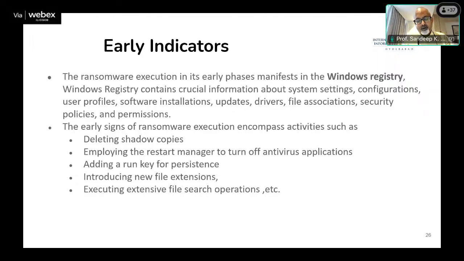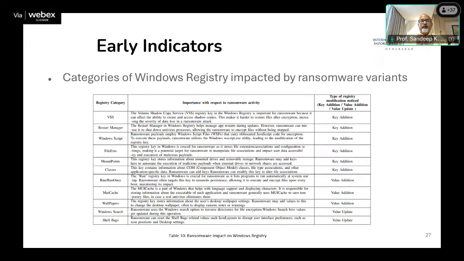So I can create a similar feature set: if these things happen, I will try to see whether they happen more often in the case of ransomware versus benign software, and then you can create a distinguisher.